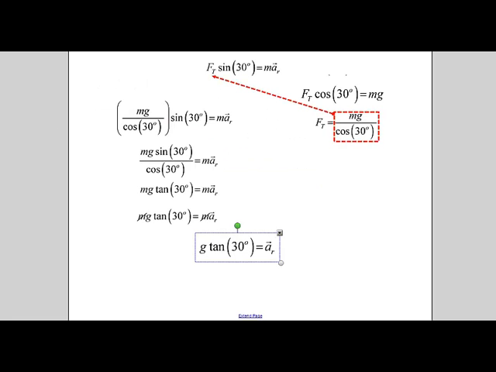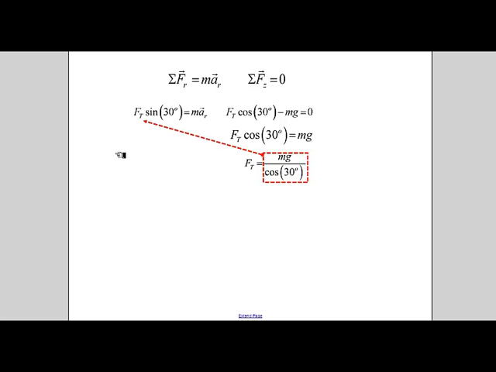Then we think about what we're looking for. We say, okay, at the end of the day, I need to somehow relate this to the period. And the period's going to be somehow related to the acceleration. So I can imagine a substitution where I take these z components, rearrange them in terms of F_T, and then substitute into this F_T over here.